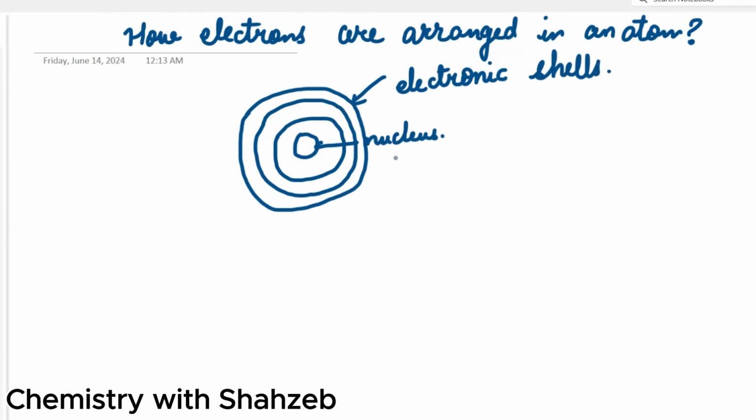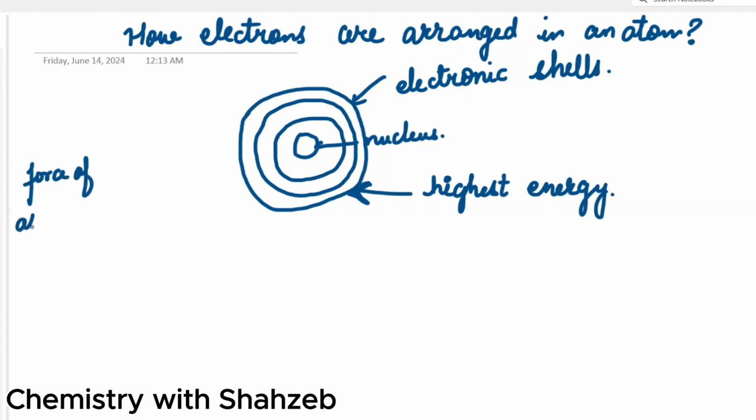Now, remember one thing, the electronic shell which is farthest from the nucleus would be having the highest energy, as there is less force of attraction between nucleus and electron.